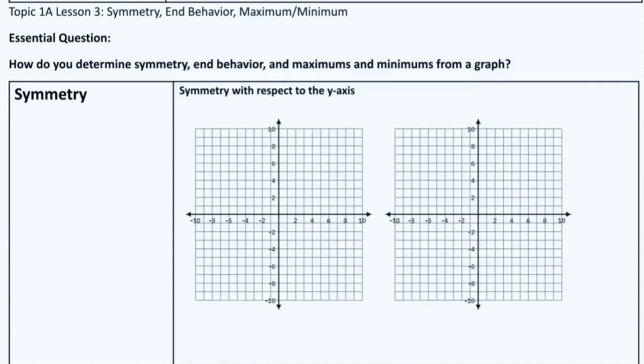So for example, let's take a parabola, which, if you remember, has the points 1, 1, 0, 0, 1, 1, 2, 4, 3, 9, and then reflected across the y-axis, which should tell you right there is reflected across the y-axis, so 3 over this way.